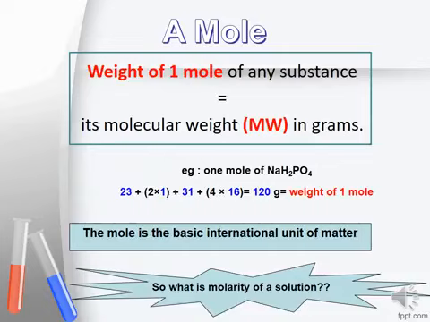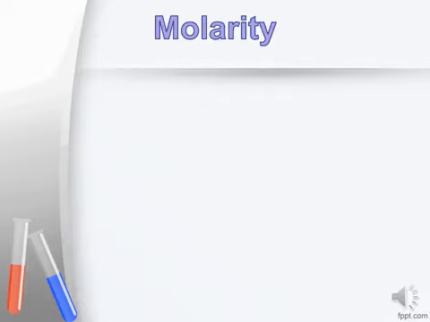Then 23 plus 2 multiplied by 1 plus 31 plus 4 multiplied by 16. Then the total atomic weight will be 120. So the molecular weight of sodium phosphate will be 120 grams.